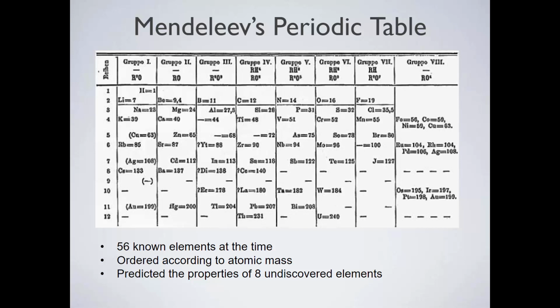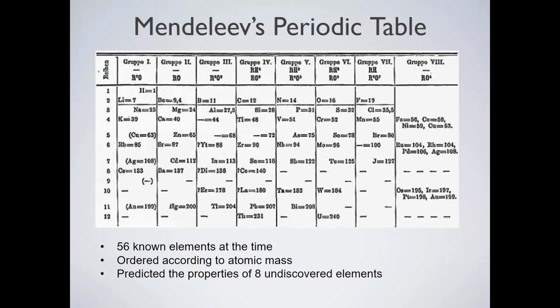And he had some areas like this where there's no element listed. It's just blanks. There's a bunch of them. What Mendeleev said was, he was predicting that we haven't found it yet, but somewhere on Earth, it's going to fit here, and it's going to have this atomic number and this atomic mass.